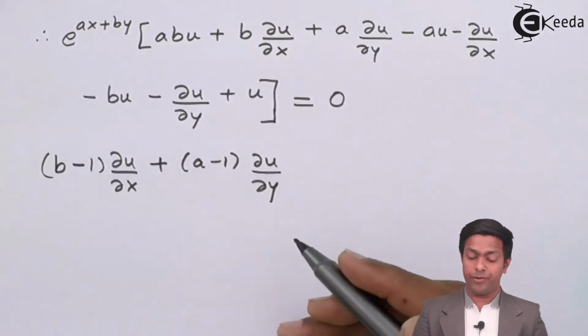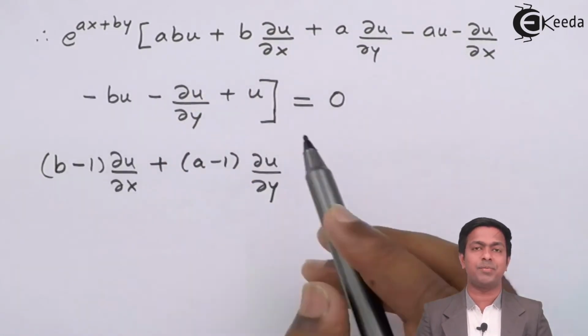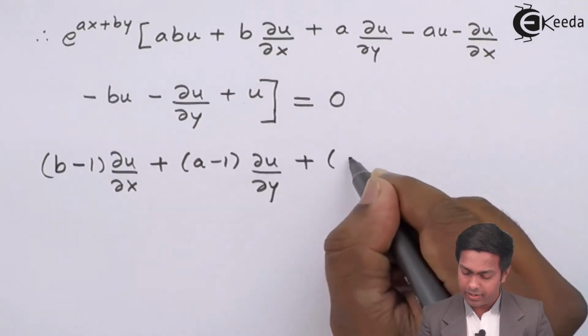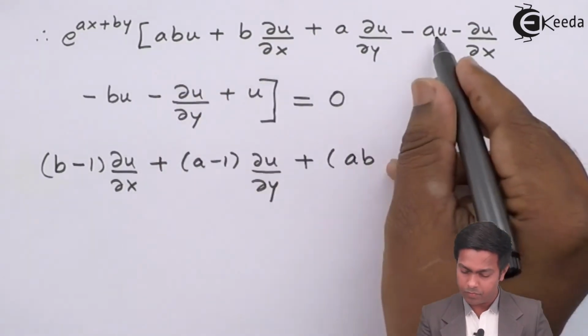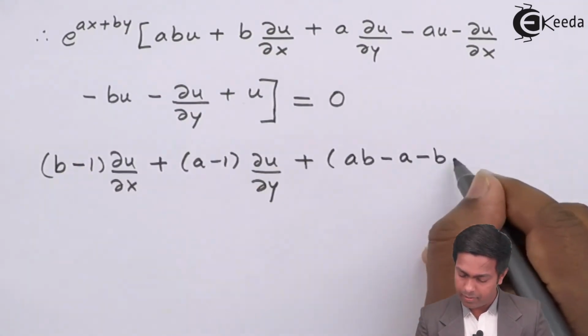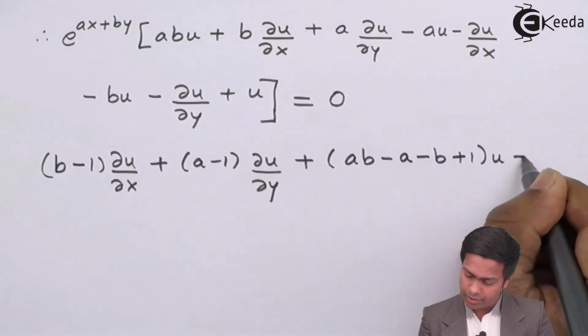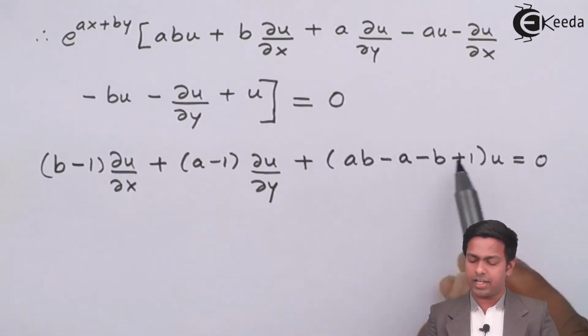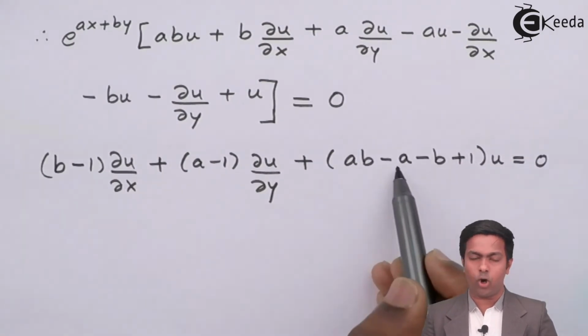And now if you see the remaining terms, all the remaining terms are the terms of u. So we'll take u common, and in the bracket we'll write from here ab, from here negative a, negative b, plus 1 into u equal to 0. Now guys, let's keep these two terms as it is, and here again we can simplify it by taking a common.